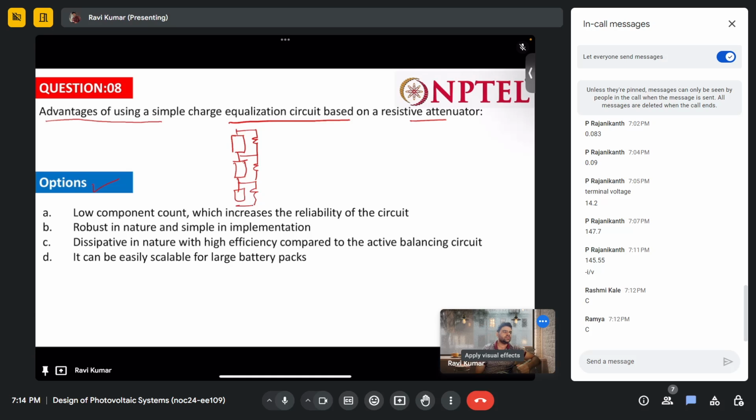This is the circuit which we use. Rasmi said B, robust in nature, simple in implementation. I agree.